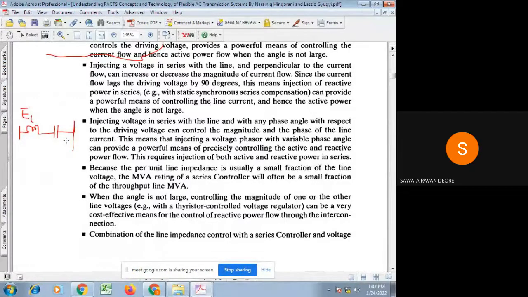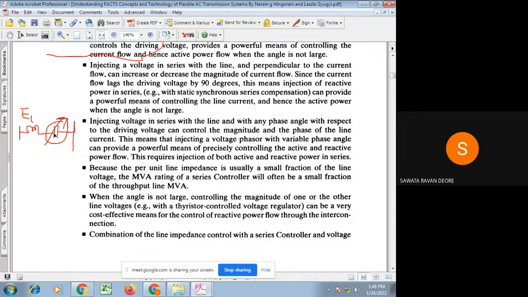Earlier your voltage drop is, suppose, EL, what we say is E1 minus E2. Now this EL is equal to E1 minus E2. Now in order to control the voltage across this transmission line, we add one capacitor, a variable capacitor we can say, in series with the transmission line. So what will be the rating of this compensator?